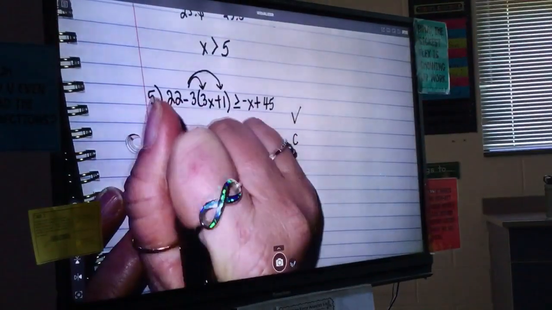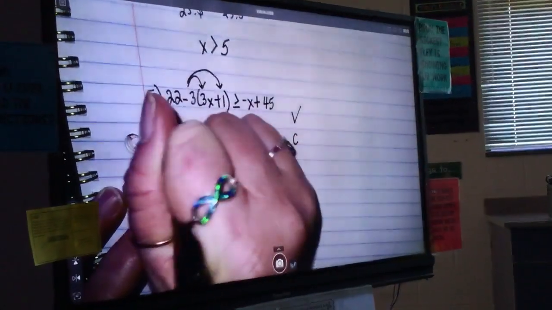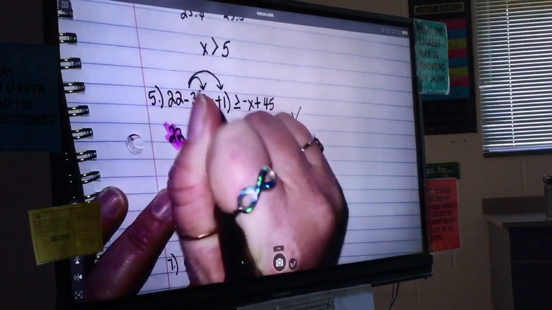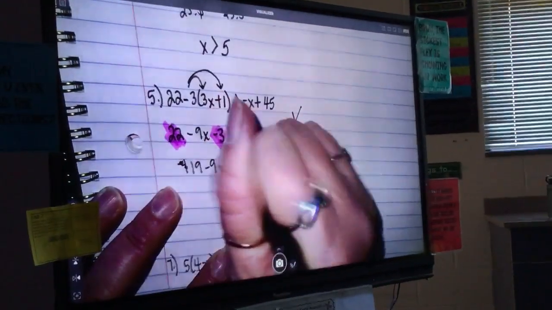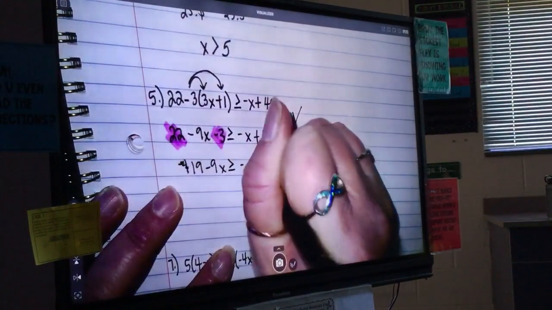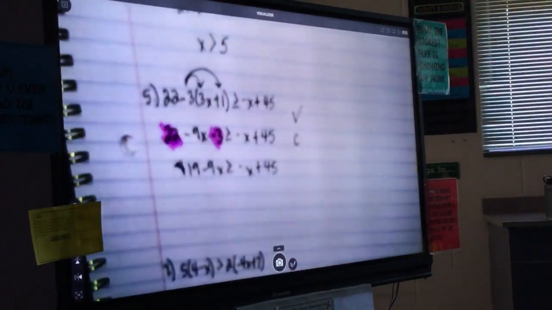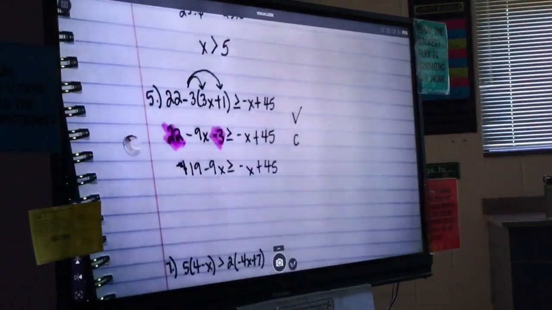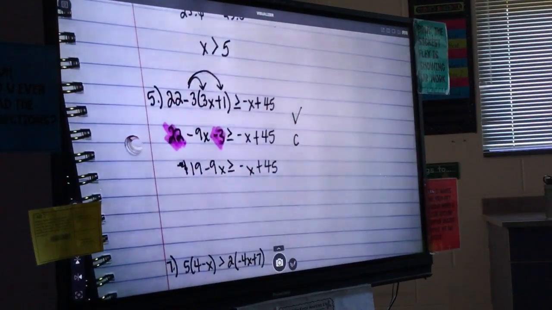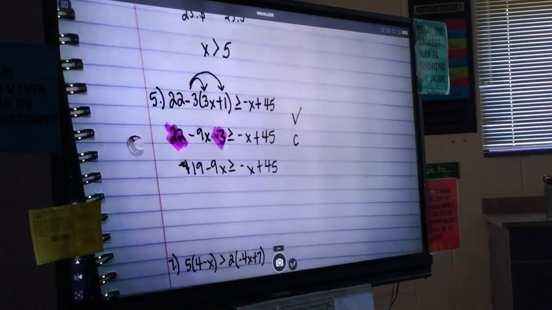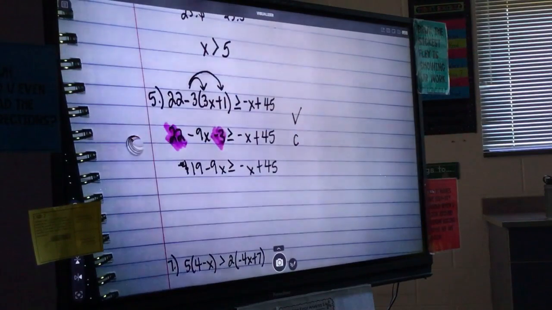So you end up with 19 minus 9x is greater than or equal to negative x plus 45. How many of you guys did not see that? So you sat there and you stared at your paper for about the whole time. Remember, guys, you gotta do both. I showed you the distributive property, but you still gotta use this thing. The thing that's connected to your neck, called your brain, your head, gotta use it.